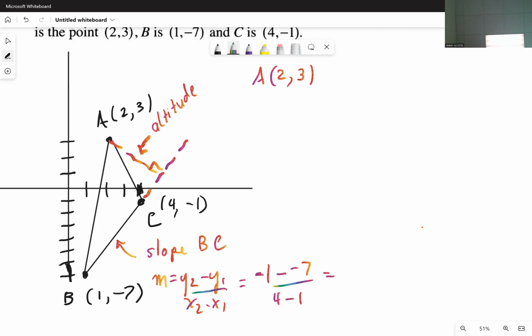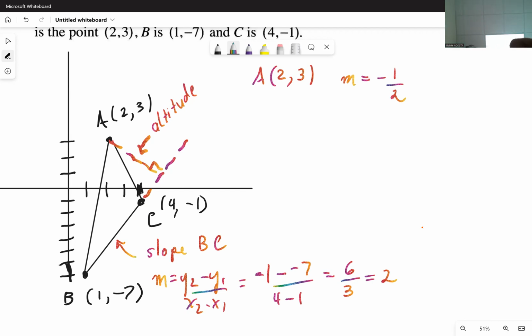So that's going to be -1 plus 7. That's 6 divided by 3, which is 2. And now you know, as a consequence, if the slope of BC is positive 2, then the slope of my altitude must equal -1/2.